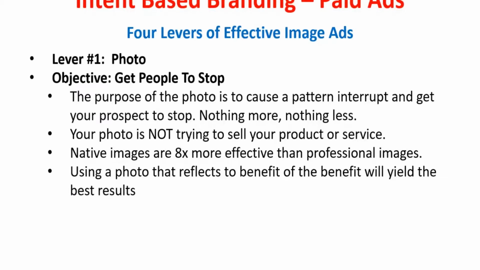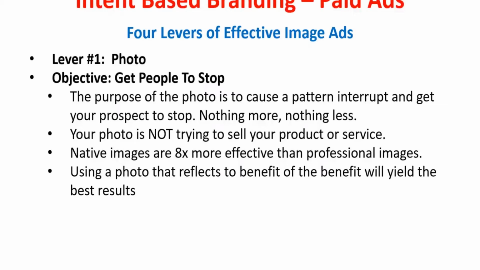Using a photo that does reflect the benefit of the benefit will yield best results, meaning the native image. It can be completely random, but it does better if it reflects the benefit of the benefit. Meaning, if you're selling coaching, or you're selling a consulting service, well, the consulting service is to help them. Maybe you're selling a service that will help them get more clients, but what does getting more clients actually give them?